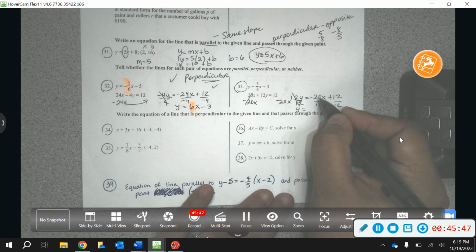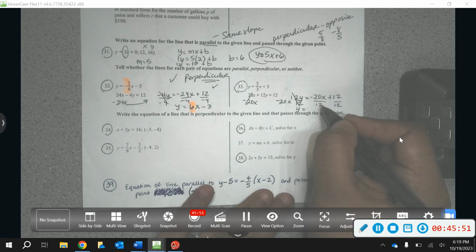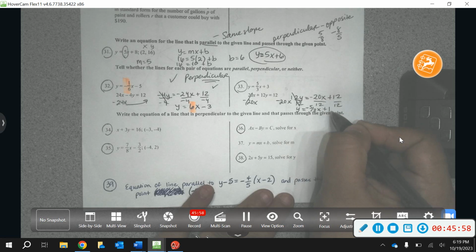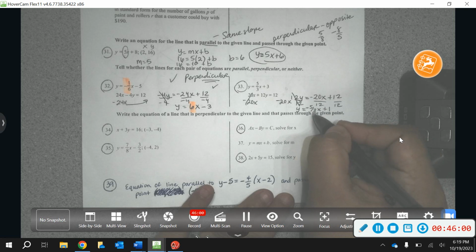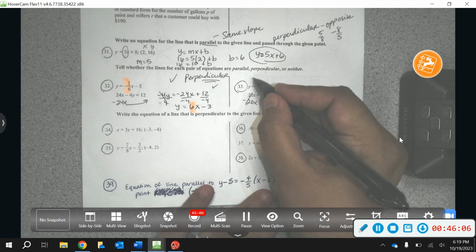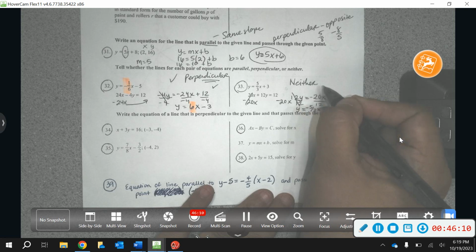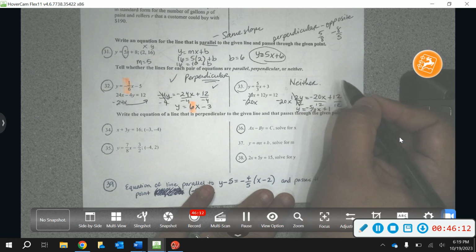Y equals, 4 goes into both of these, so it's going to be negative 5/3 x, and then plus 1. The perpendicular slope of negative 5/3 is positive 3/5, not 5/3. This is neither. They're neither the same nor are they the complete opposite, so that's neither.